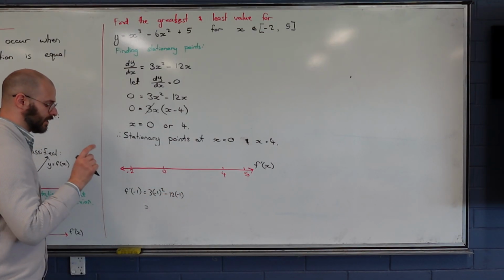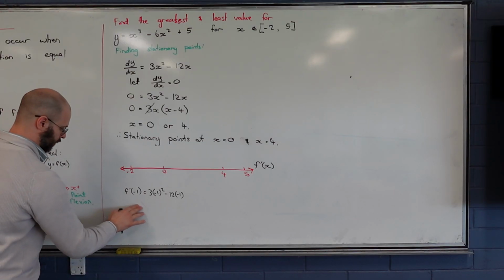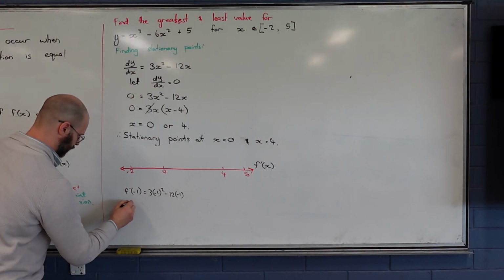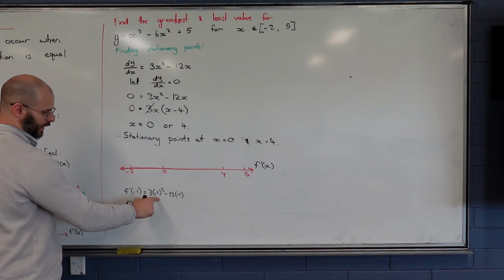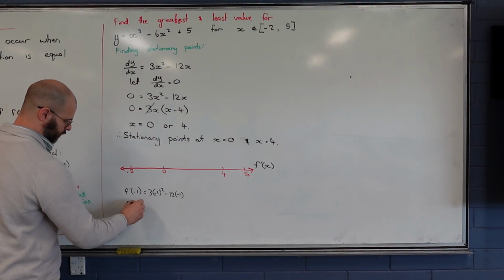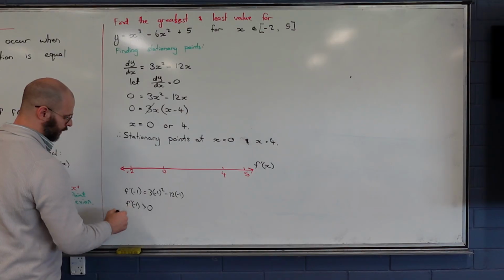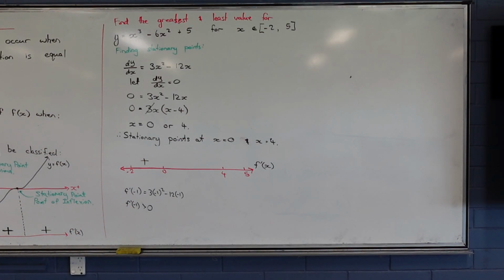Now is this going to be larger than 0 or smaller than 0? Three take -12, greater than 0, so therefore you're going to get a positive gradient. So there's our first part.